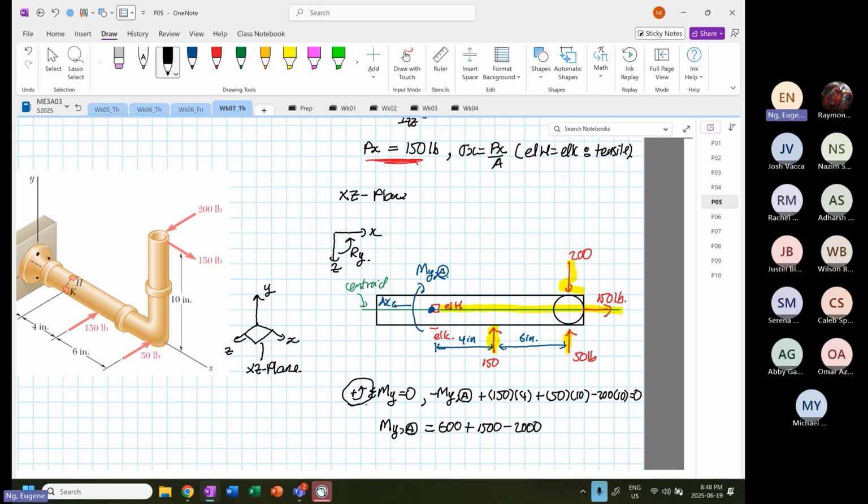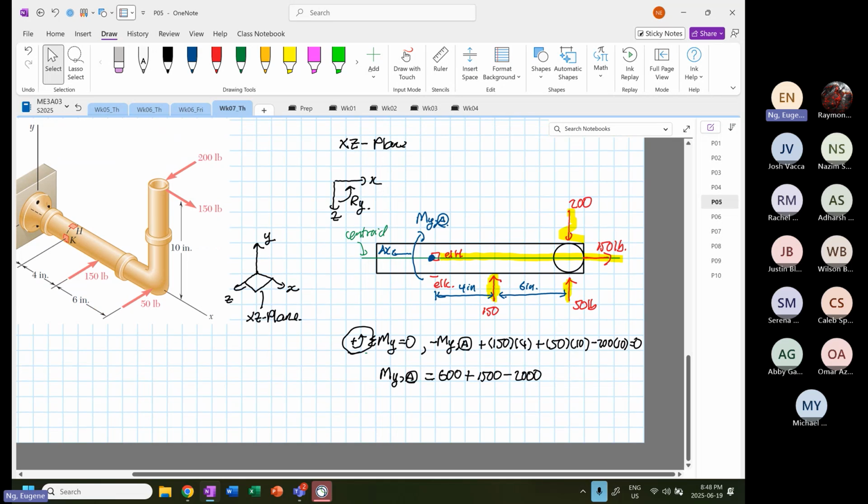Omar, I know where you're confused now. Bear with me, okay? Let me calculate this one first. So this will be equal to 600 plus 1500 minus 2000. Wait. Positive shear. Oh, I think, hold on. I think, Omar, you might be right, because anti-clock, positive shear, positive bending moment.